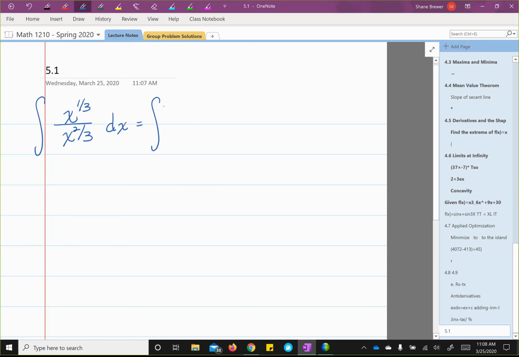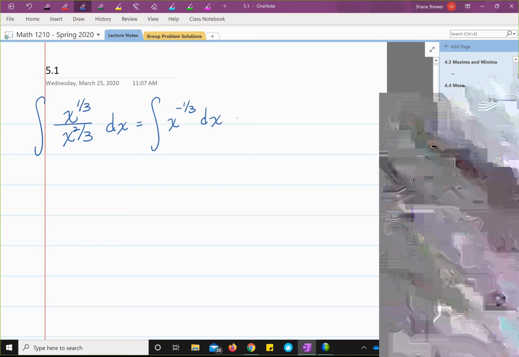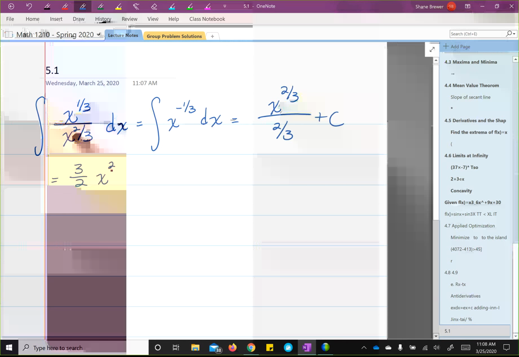I can subtract the exponents. 1/3 minus 2/3 is a minus 1/3. And so really, that's what I'm dealing with, right? So I simplify it. Now the power rule can apply. So it's going to be x to the, increase the power by 1, x to the 2/3 over 2/3 plus c, or better, 3/2 x to the 2/3 plus c.